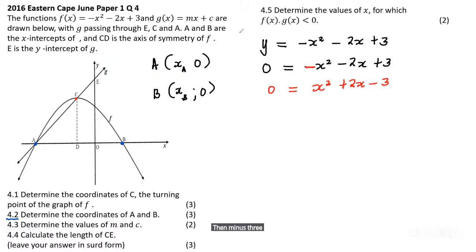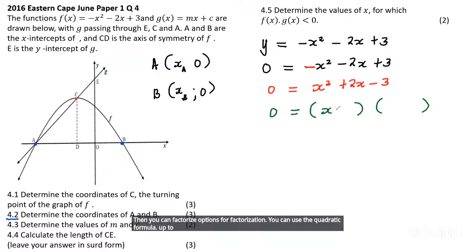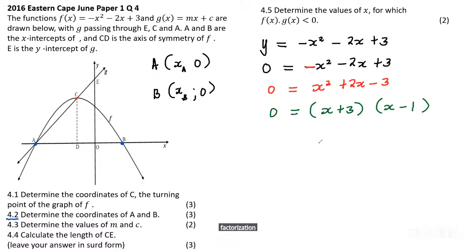All this will give me 0. Then you can factorize. Options for factorization: you can use the quadratic formula, up to you, or just conventional factorization. x plus 3, x minus 1. Eventually, the value of x is negative 3, or the value of x is positive 1.